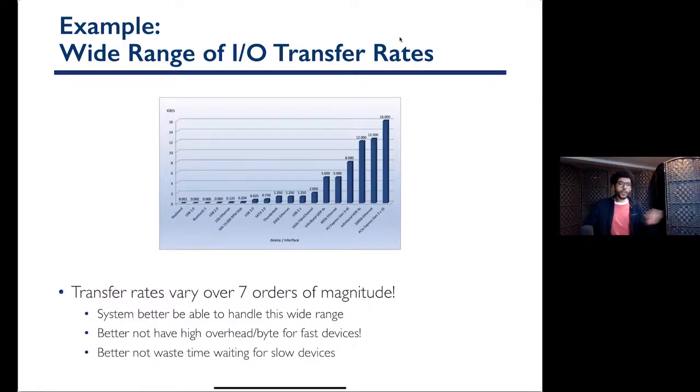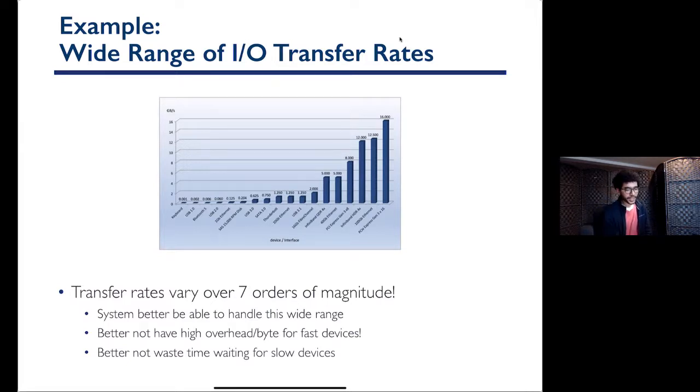Now, there are so many different types of I/O devices, and with these different types come different characteristics. Not all I/O devices are the same. In this particular slide, I'm looking at the transfer rate of different devices.